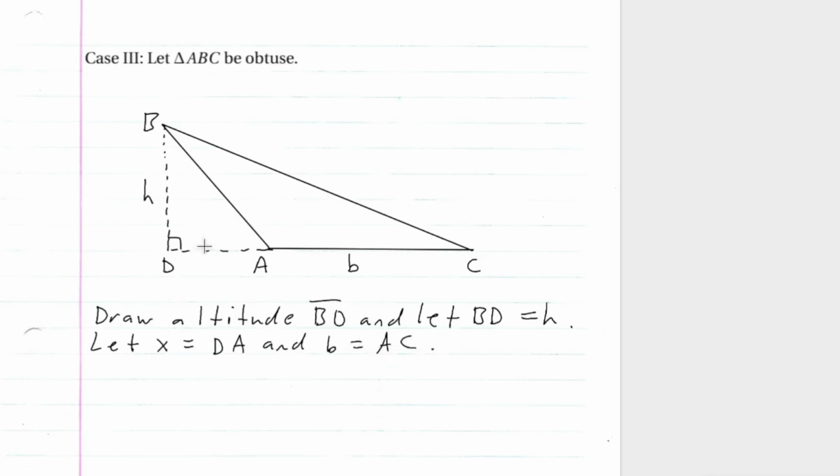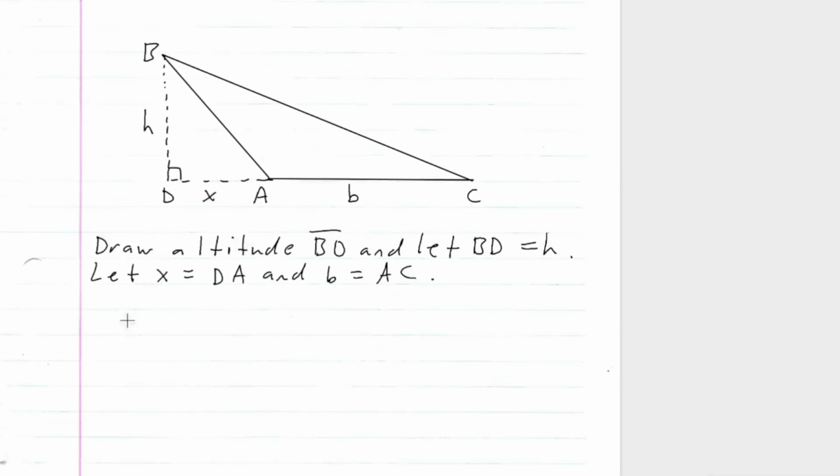So this distance here is X. So hopefully you guys can see now triangle BDA is a right triangle, and BDC is a right triangle.